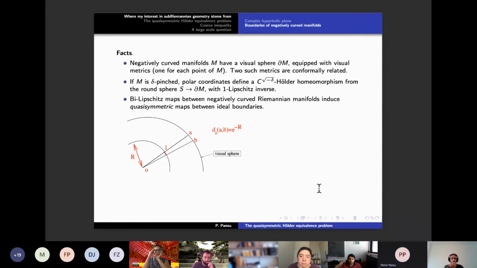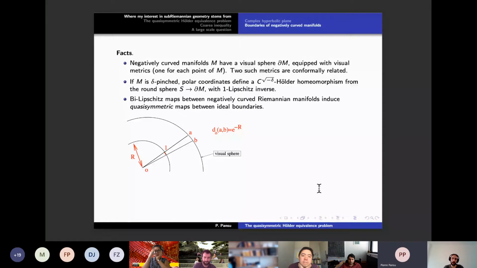In fact, you need to choose one point in the manifold M, and this determines a metric on the boundary.